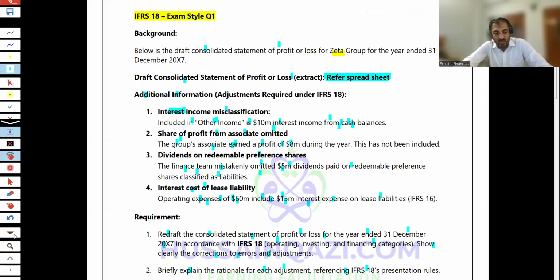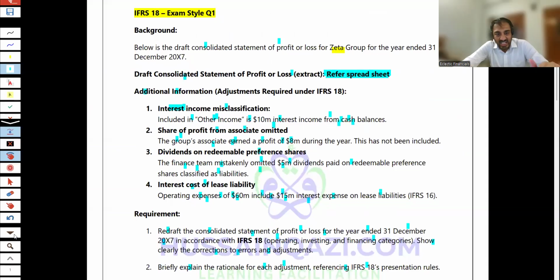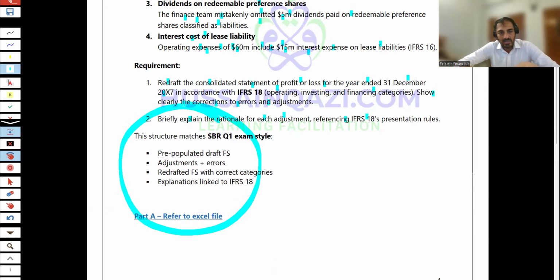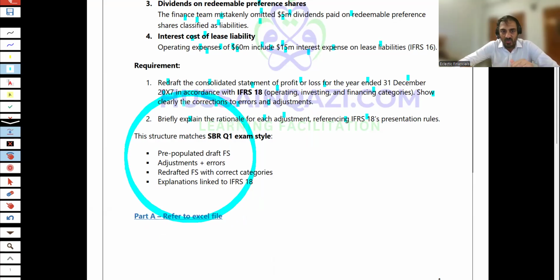Whatever adjustment we have done, we need to explain. By the way, here I've mentioned the structure you need to follow for question number 1: pre-populated draft, make adjustments, rectification of errors, redraft the financial statement, and explanation. Whatever explanations you give, you have to link with IFRS 18.